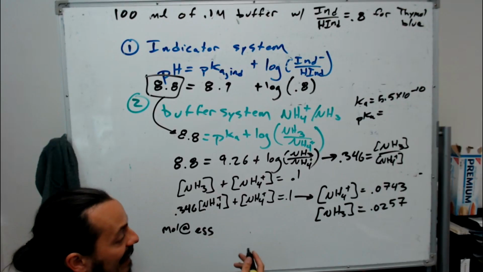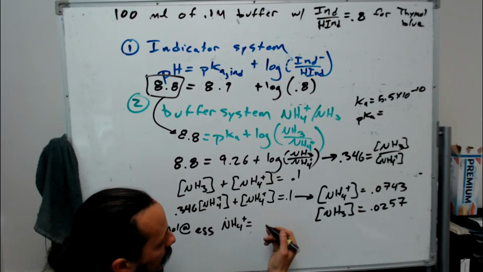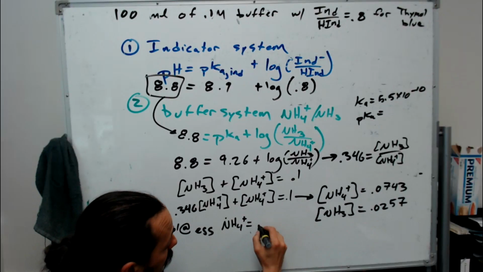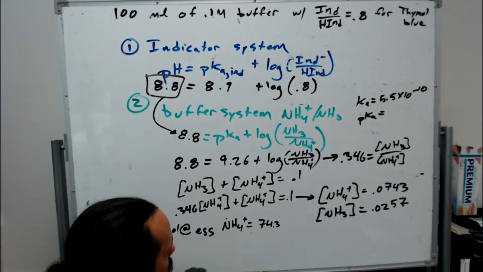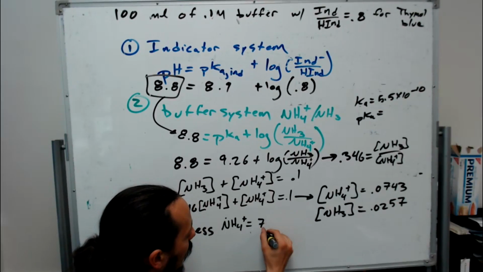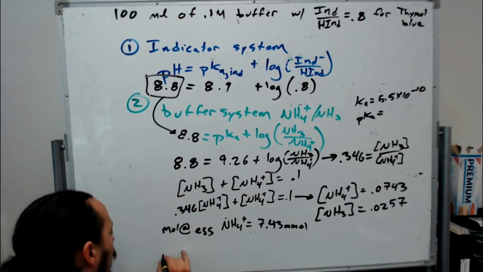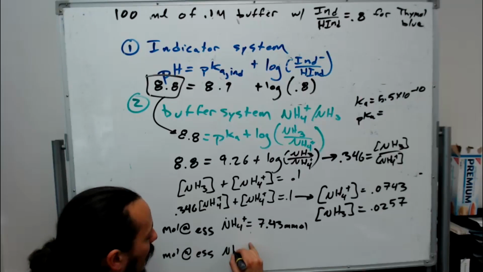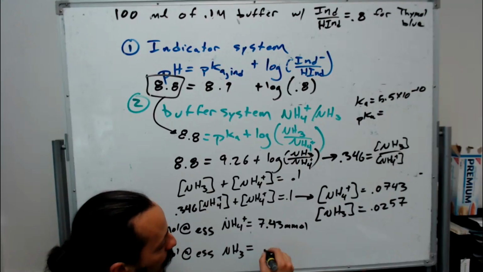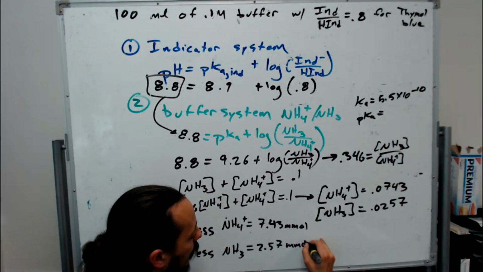Moles at the excess point of NH4 plus would be 7.43 millimoles. And the moles at excess for NH3 would be 2.57 millimoles.